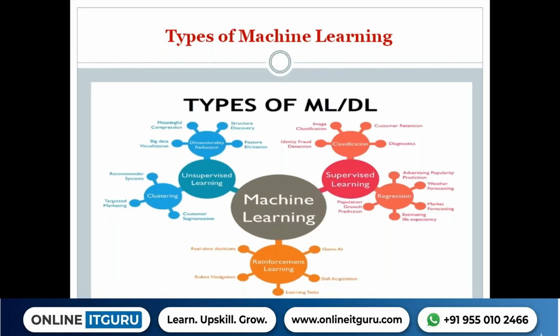Machine learning helps us to find patterns by using statistics, mathematics, and human reasoning skills to find out the hidden patterns in the data.